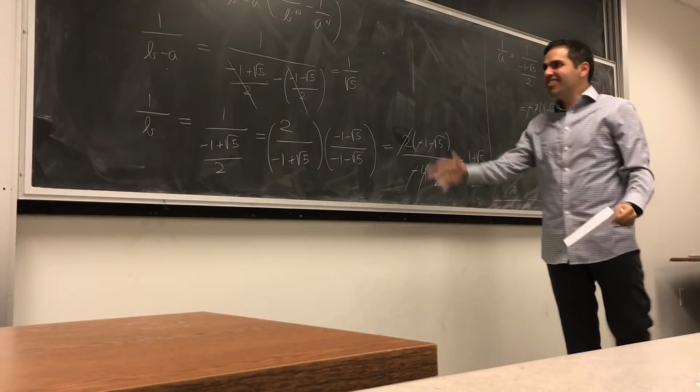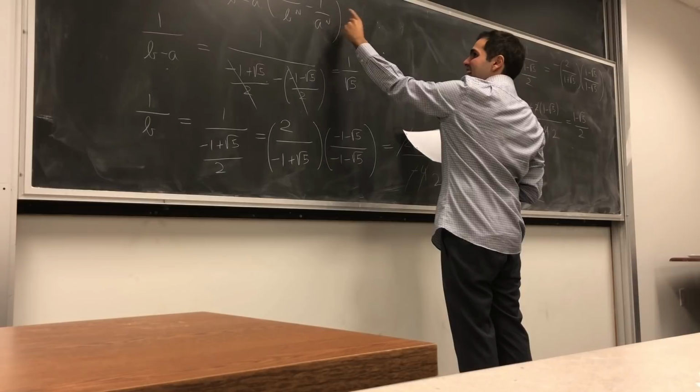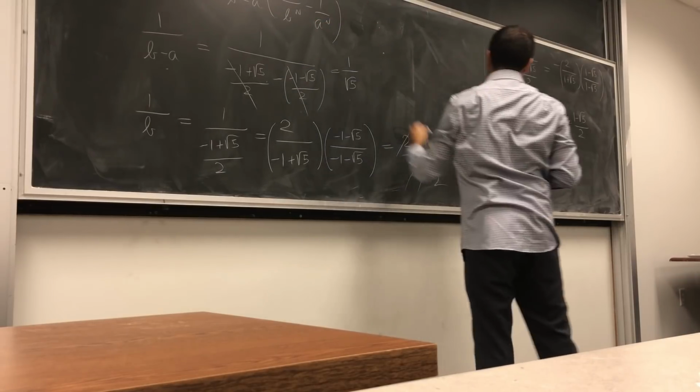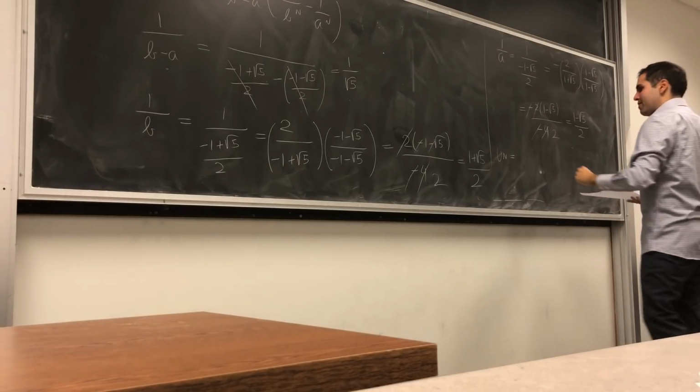So after those simplifications, you indeed get that at the end, un equals, going maybe here, 1 over b minus a.